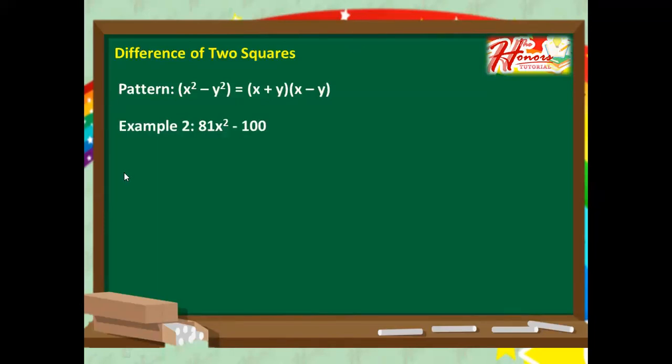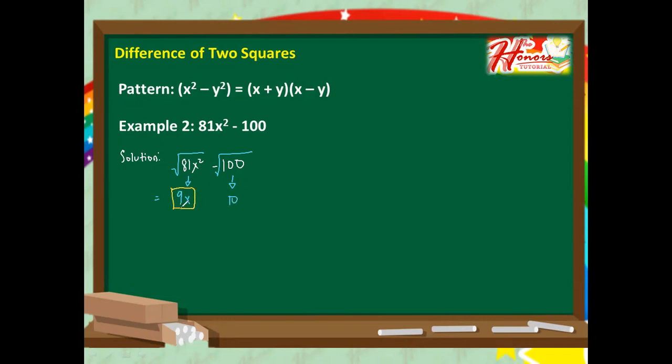We have here 81x squared minus 100. So for this, same process, let's write solution here. And then let's copy the given. So that is 81x squared minus 100. And then let's get the square root of 81x squared and 100. Square root of 81, that's 9. Square root of x squared is x. And then square root of 100, that is 10.